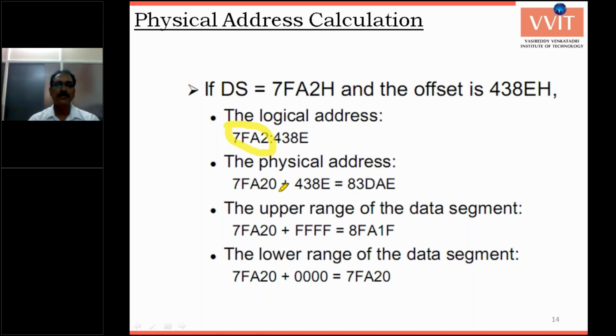Shifted by 1 hex digit to the left, it is added to the offset value, which is referred to as the IP. Added, we get the 20-bit physical address.